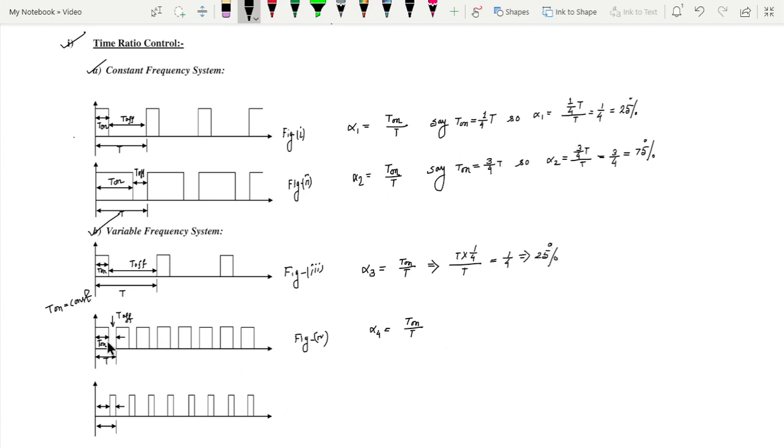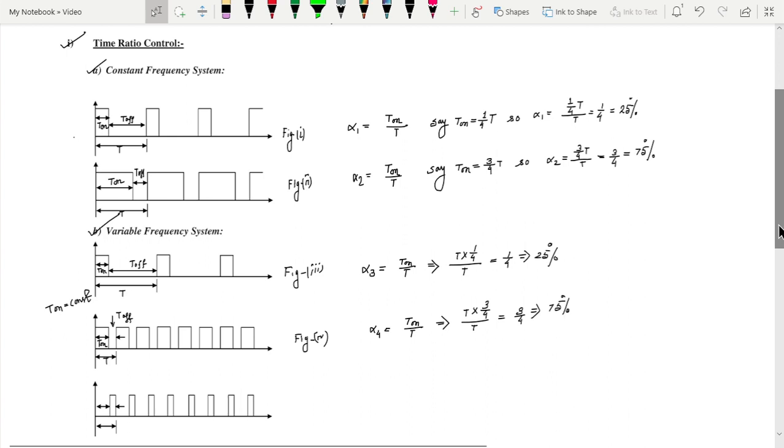But here from this picture T on is 3 by 4 of total T. So you get 3 by 4 of total T, that means 75%. So in case of T on constant you also get 25% output and 75% output as per our requirement.